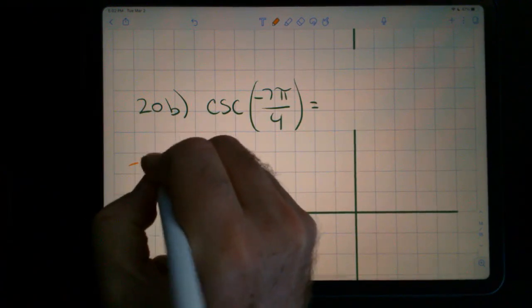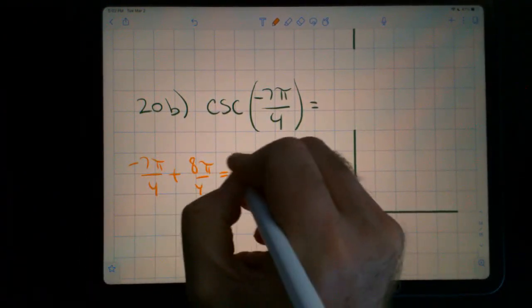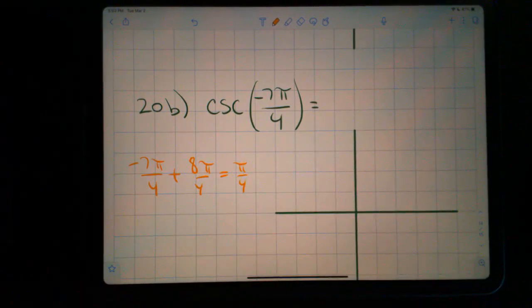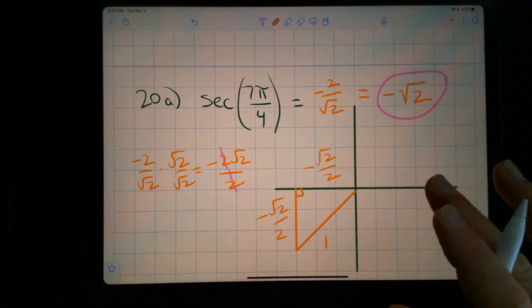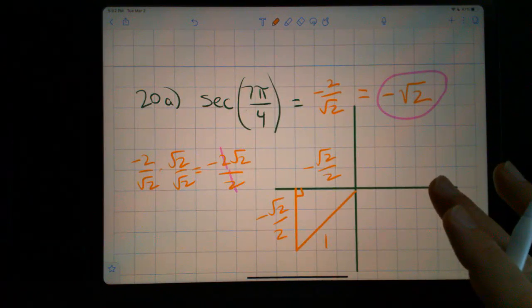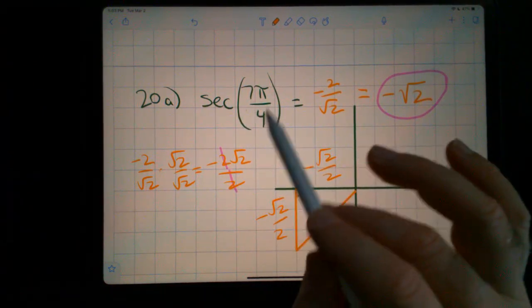Cosecant of negative 7 pi over 4. So this is, we can look at this. My apologies, I did that too fast.